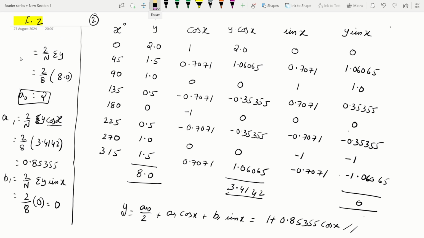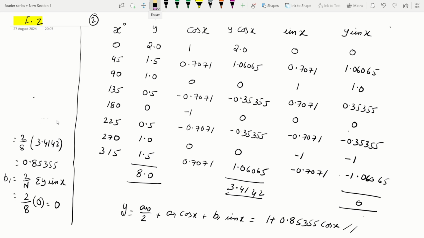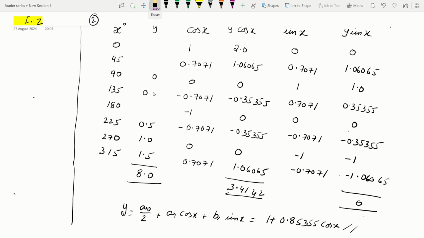X degrees note down 45, 90. X degrees are 45, 90, 135, 180, 225, then 270, 315, 360. Y values are, here only I am writing y values.